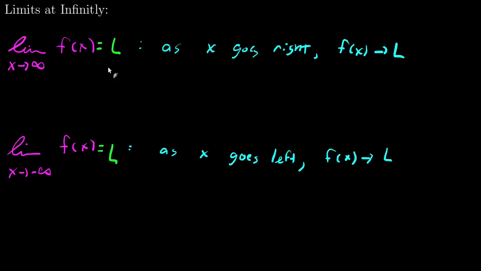No matter how close I make an epsilon bound around this L, I can go far enough right, choose some n value, that everything further right is close enough to L. And similarly, for this one, I can put some arbitrarily small epsilon boundary around L, and I'll be able to choose an x value that's far enough left so that anything farther left will be close enough to that L.